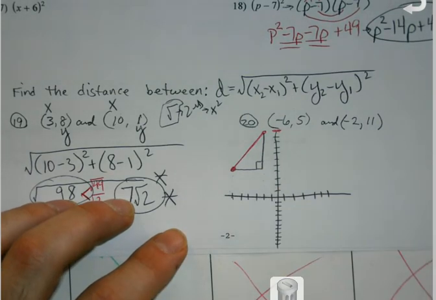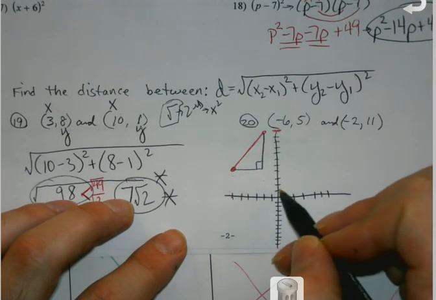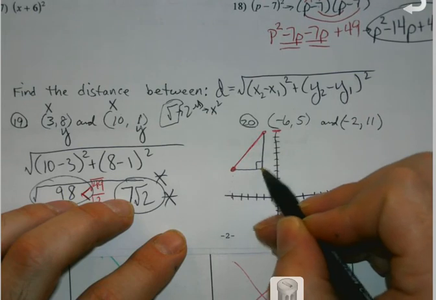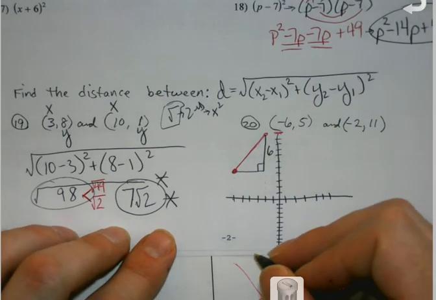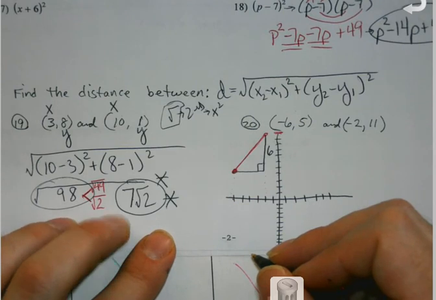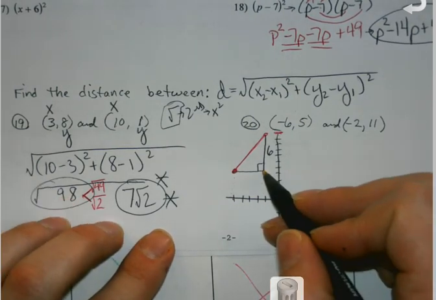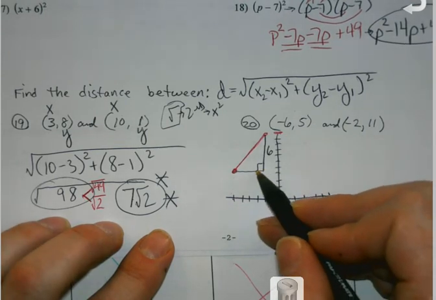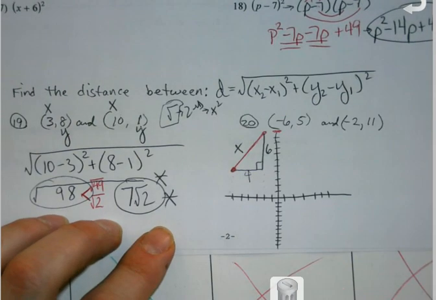And by making the triangle, I could figure out how far it is and count. Let's see here. 1, 2, 3, 4, 5. Okay, that's 6. And let's see here. Then this guy is 1, 2, 3, 4, and I'm trying to figure out how long this is.